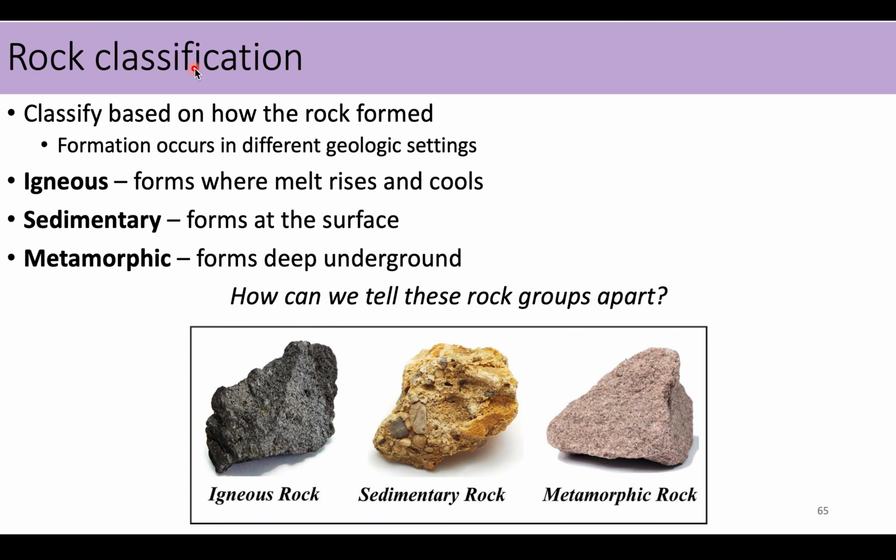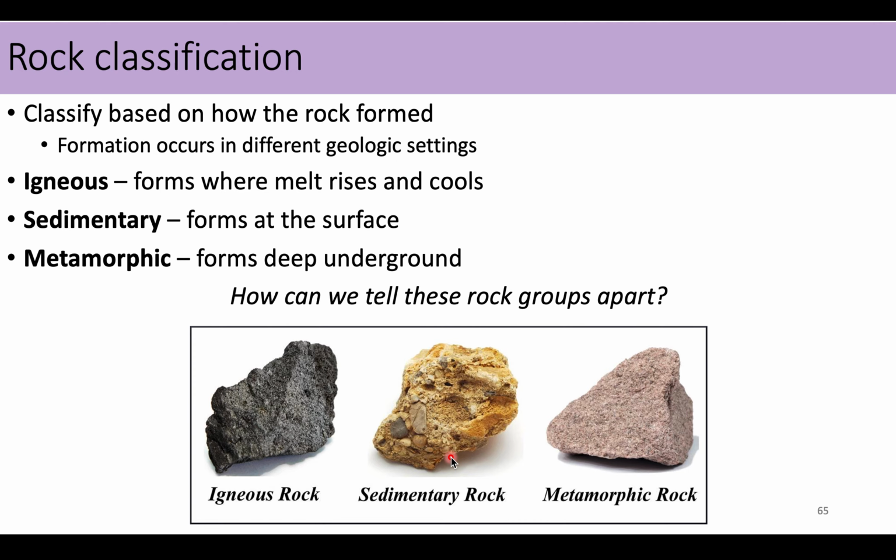When we classify our rocks, we look at how the rock formed. So how do we determine igneous, sedimentary, metamorphic? We're looking at the formation of the rock. Metamorphic rocks form deep underground. Metamorphic needs high pressure and high temperatures, which you can only get deep underground.